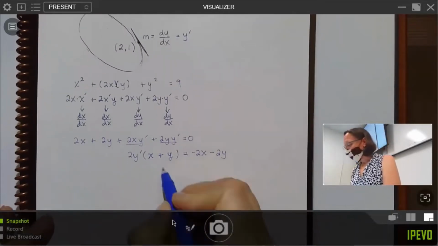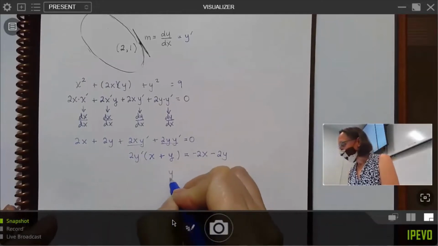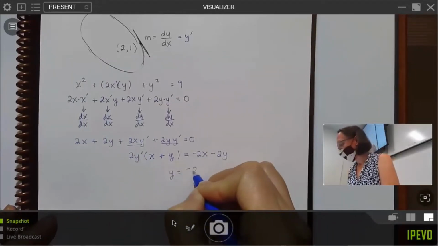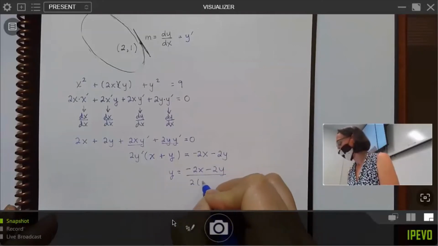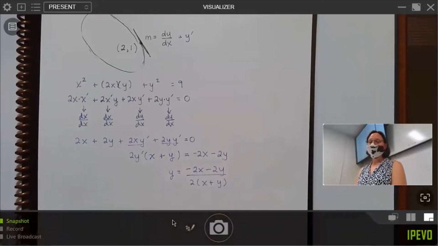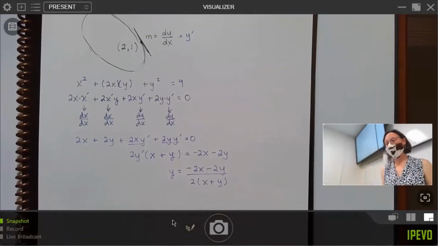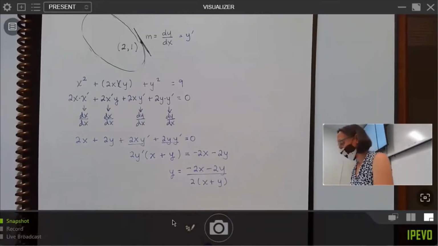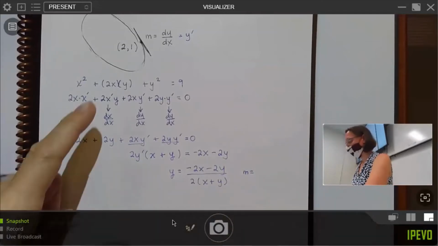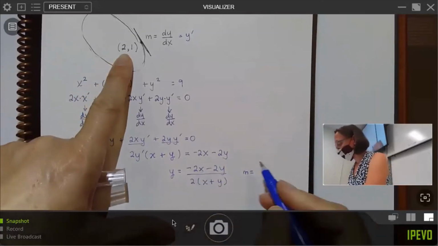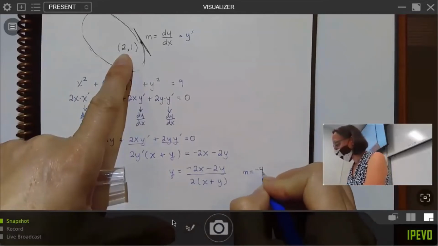To get that y prime by itself now, I have to divide by everything. So I've got negative 2x minus 2y, all divided by 2 times (x plus y). To get the slope at the point I actually care about, now I'm ready to plug in the x and y values. x will be 2 and y will be 1.